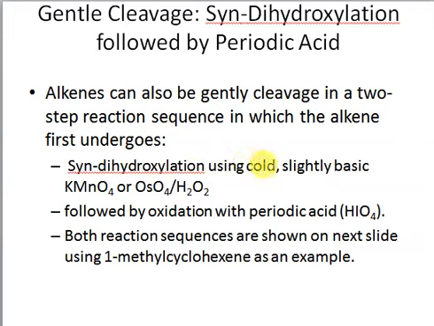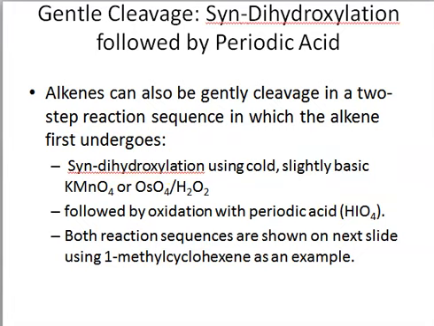The conditions are cold, you are not increasing the temperature, and slightly basic, we are not using acidic conditions, and we may use KMnO4 or osmium tetroxide in the presence of hydrogen peroxide. Once we have converted the alkene into the diol, next we oxidize this diol by means of periodic acid, that is, HIO4.